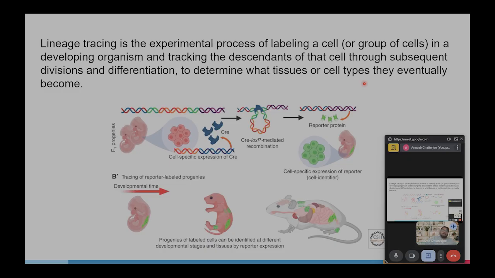So as you would know, all life starts with a zygote, which is just one cell which divides and then forms the entire adult body. So how this works is that during these cell divisions, the cells go through rounds of differentiation or maturation, and once they keep on dividing, they lose this ability to produce more and more cells and become much more specialized.